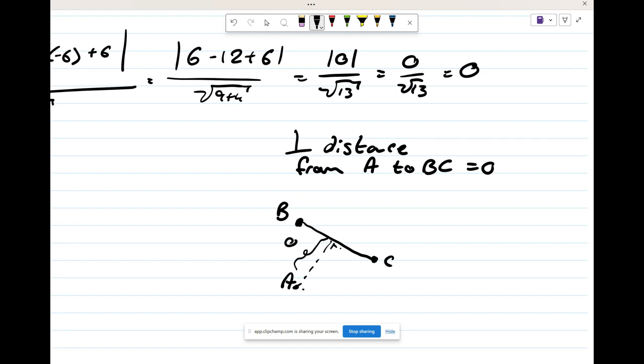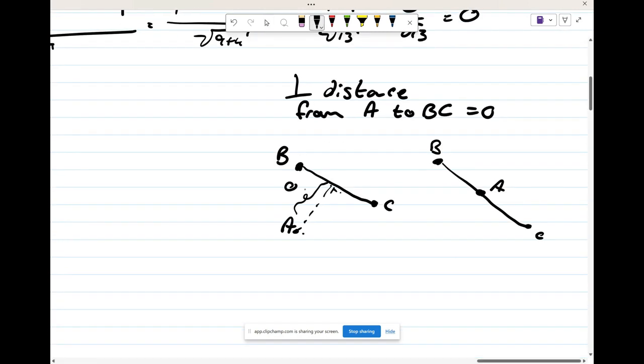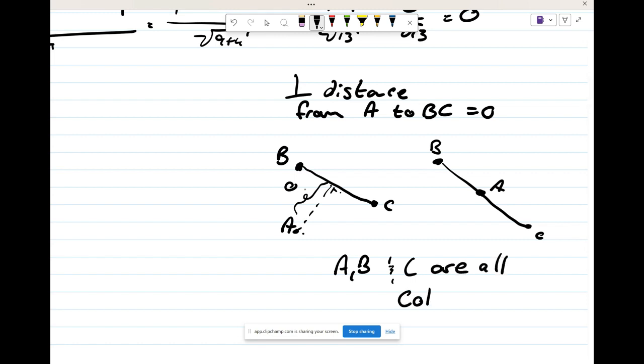What we actually got was 0, so that means that if this is our line BC, our point A is actually going to sit on that line. And so what we would call that is A, B, and C are all collinear.